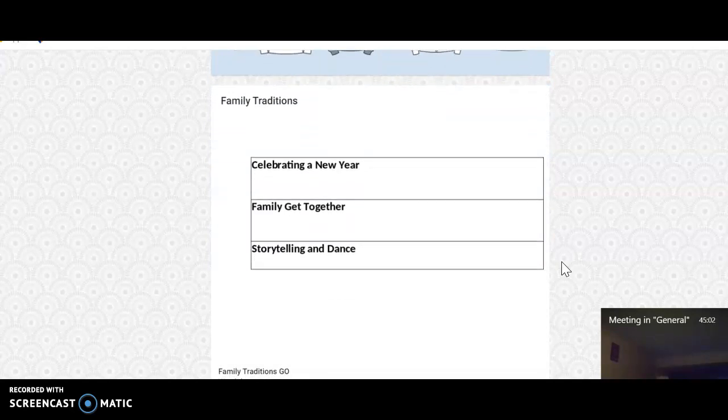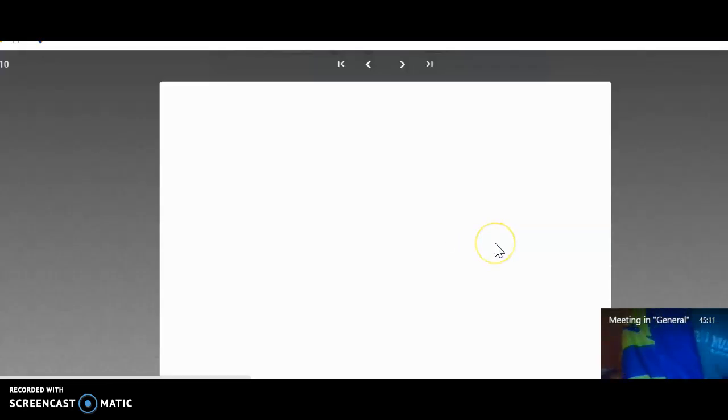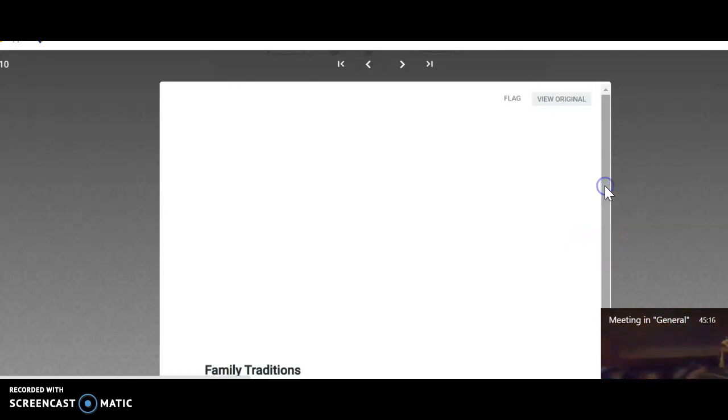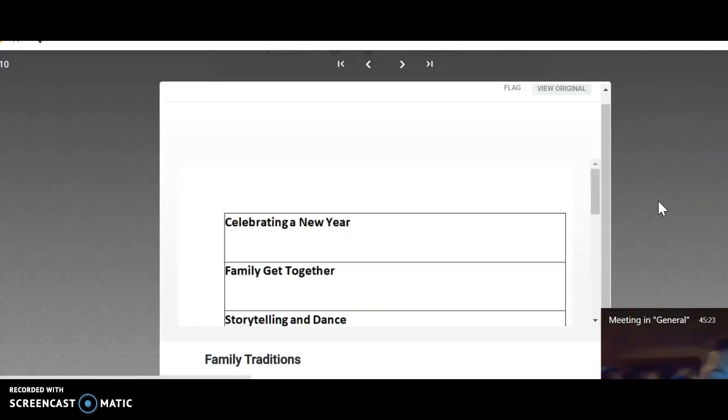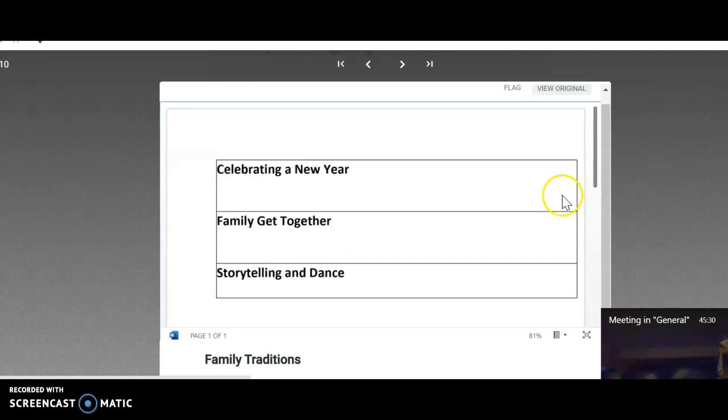So, if you could please draw one of these graphic organizers into your reader's response notebook, because this is what we are going to be recording the information on as we read Family Traditions today. I didn't leave myself a lot of room in mine, but please leave yourself enough room to write in each box.